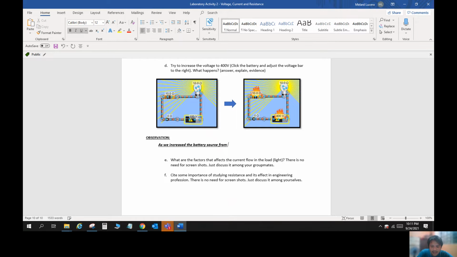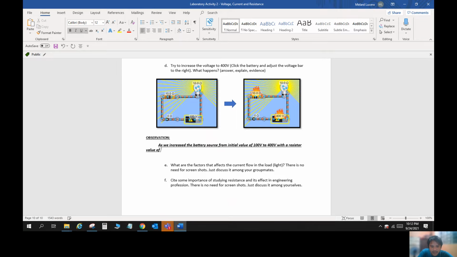from the initial value of 100 voltage to 400 voltage, with the resistor value we placed of 10 ohms, the circuit will be damaged.